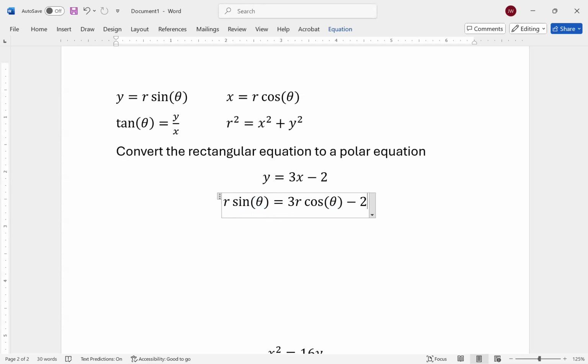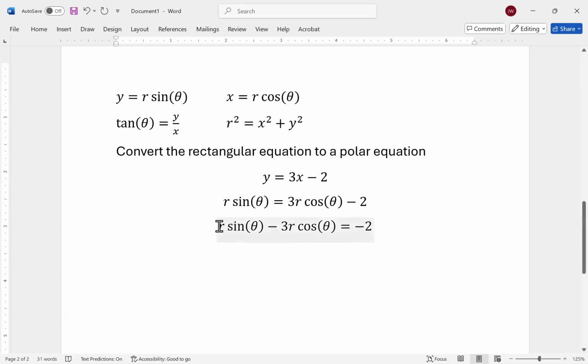Now I have this equation written in terms of r and theta. Usually we solve for r when we can. In this one we can. So I'll go ahead and do that. If I solve for r, the first thing I want to do is subtract 3r cosine theta from both sides. That'll give you r times sine of theta minus 3r times the cosine of theta is equal to negative 2.